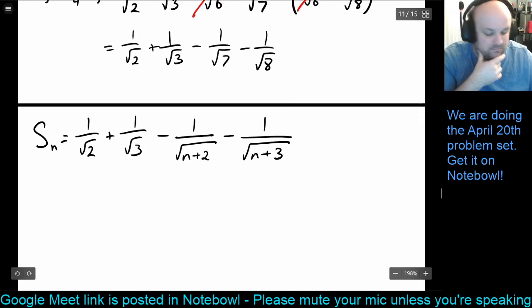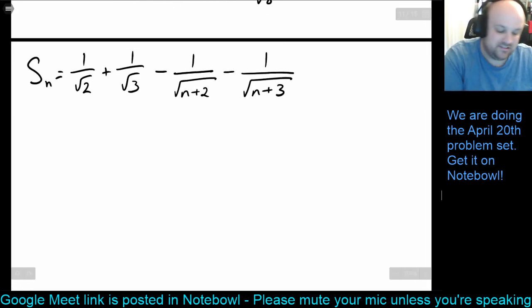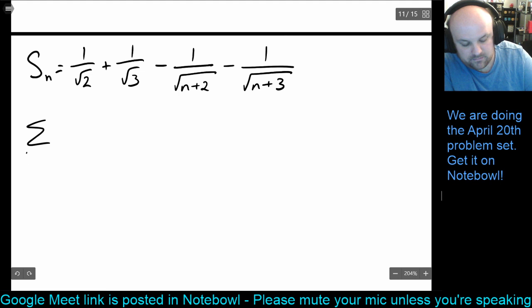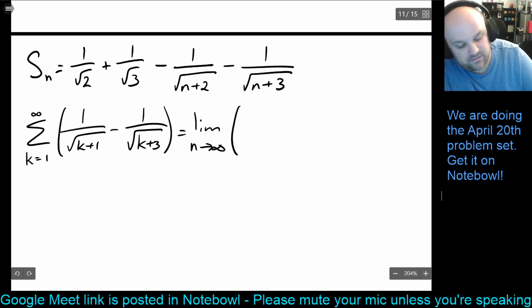But anyway, this is great. I overlooked that in the last class. But at any rate, this series here, 1 over square root of k plus 1 minus 1 over square root of k plus 3, this is going to be the limit as n goes to infinity of all of this stuff.